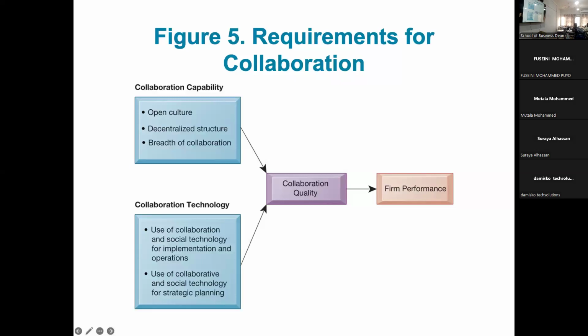I thought we were looking at collaboration between two different organizations. So collaboration can happen within, it can also be between. So we can have intra, that is within, or inter-organizational collaboration.